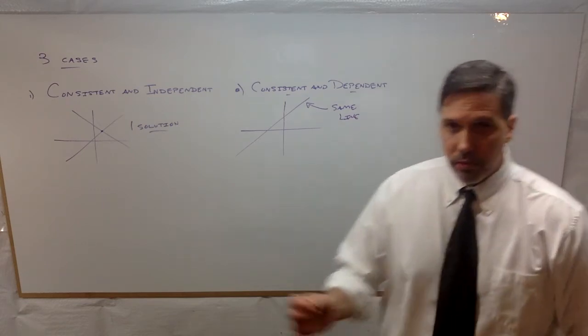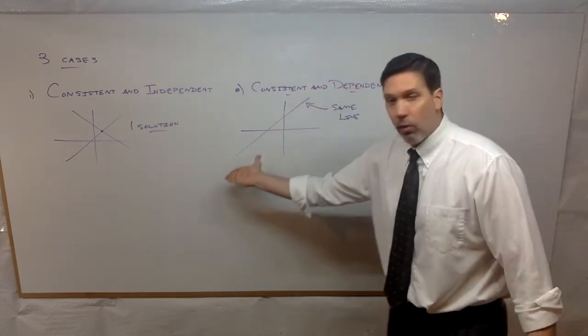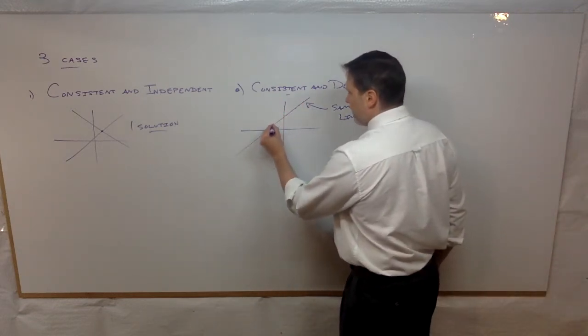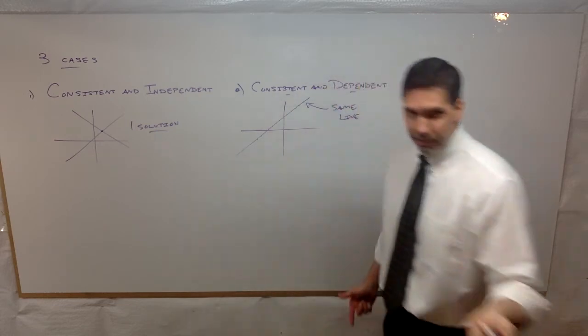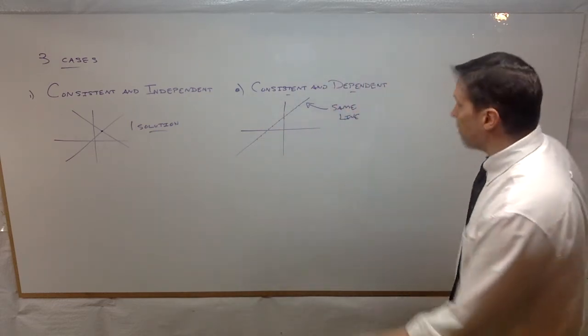If they give you 2 linear equations, but those 2 linear equations are the exact same line, well, they're going to overlap everywhere possible. So in that case, you would say infinitely many solutions, but consistent dependent would be the proper way to say it.